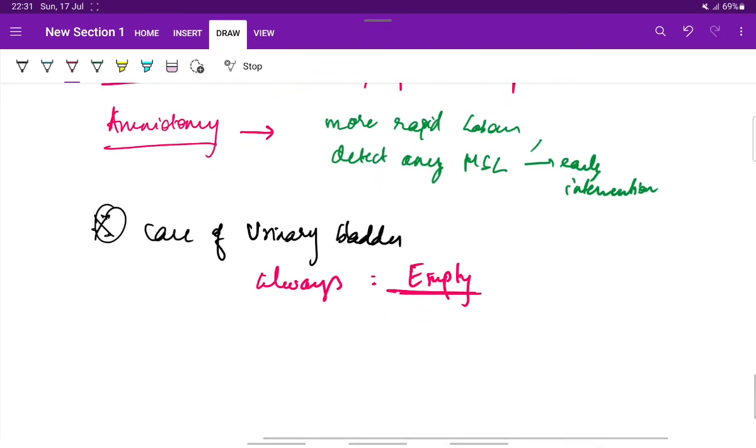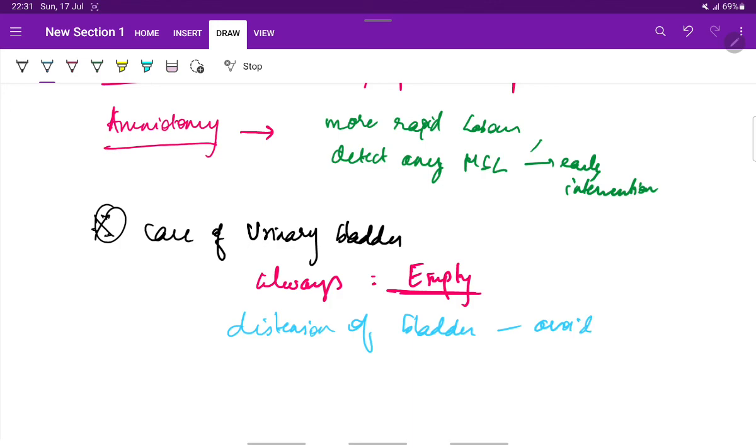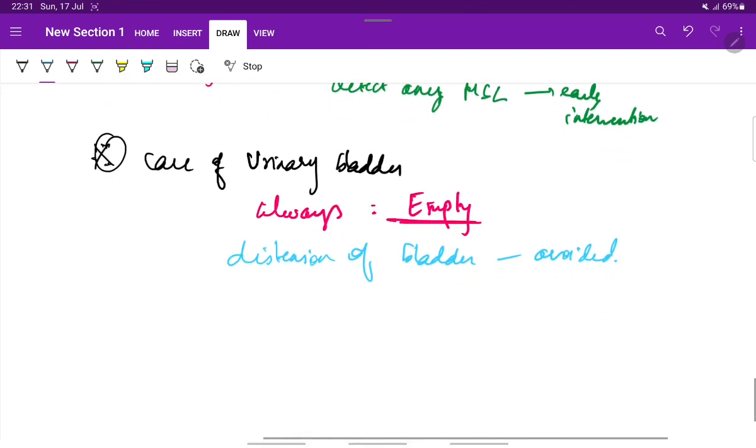So the distension of bladder should be avoided. So this is all about the management of the first stage of labor. We will see the rest, that is the second stage, third stage and the fourth stage of labor in our next video. Thank you.